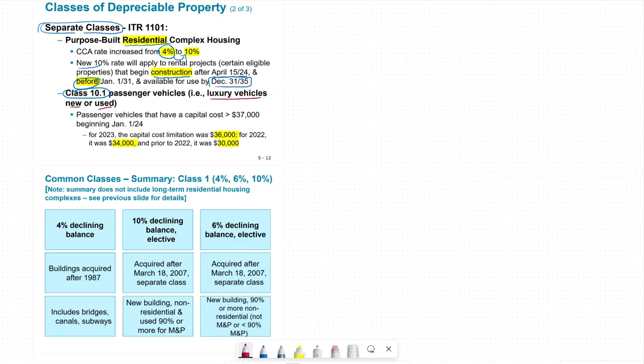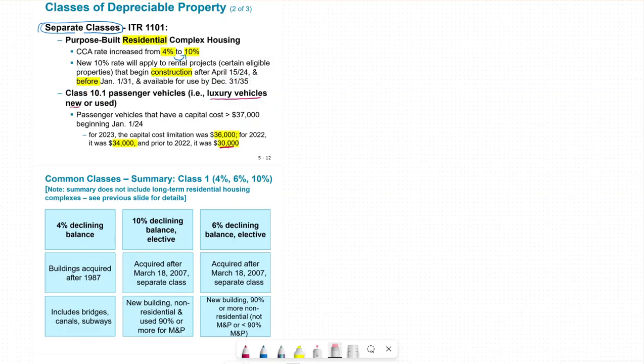When a passenger vehicle costs more than 37,000, the income tax rules limit the cost on which we can take CCA, even though the actual cost is more. In 2023 the limit was 36,000, in 2022 the limit was 34,000, and prior to 2022 the limit was 30,000. So this limit changes every year.